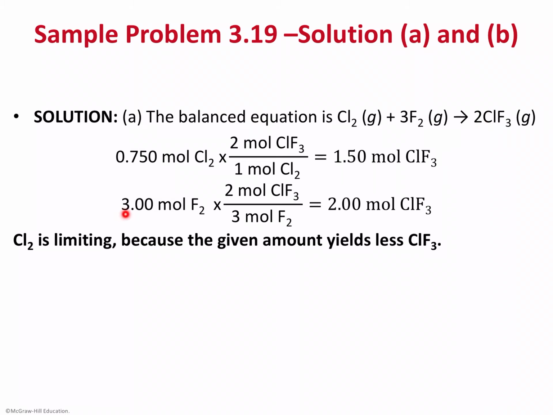So 3 and 3 get cancelled, and you can form 2 moles ClF3. Now according to these given amounts, the lowest amount is going to be 1.50 moles ClF3. So in this case, the limiting reactant is chlorine because the given amount yields less ClF3.